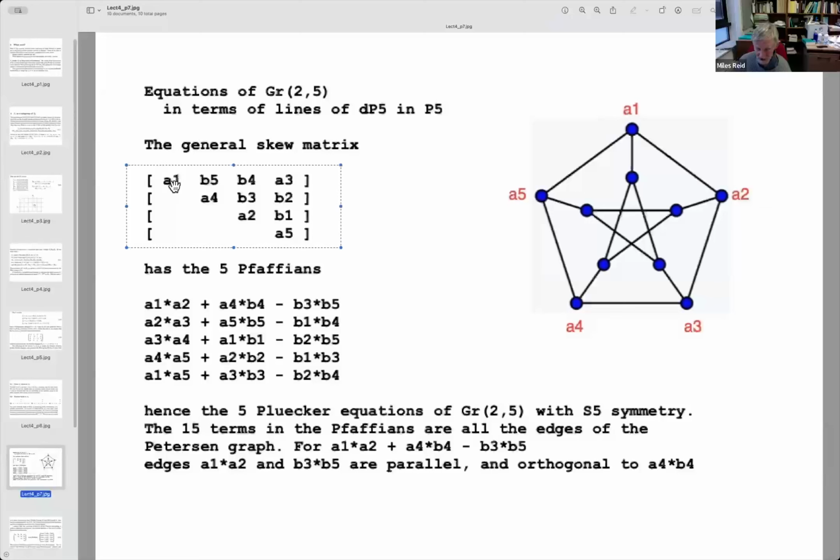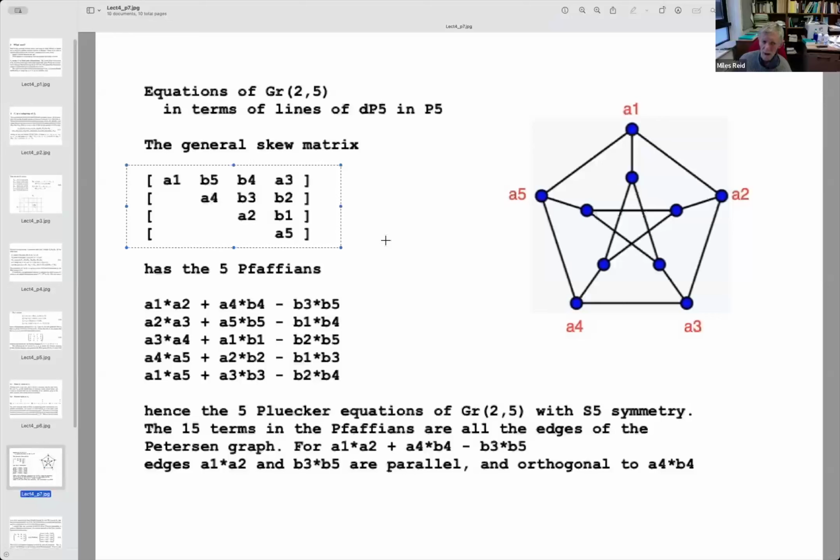This has the property that A1 multiplies A2, A2 multiplies A3, A3 multiplies A4, A4 multiplies A5, and A5 multiplies A1.